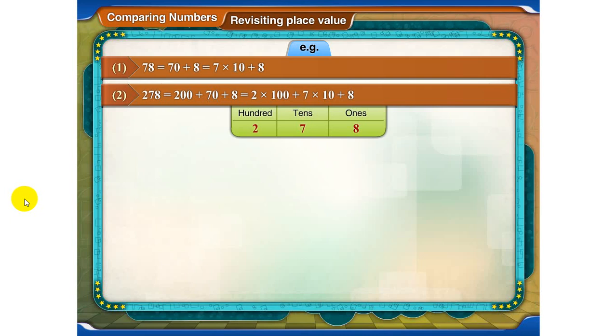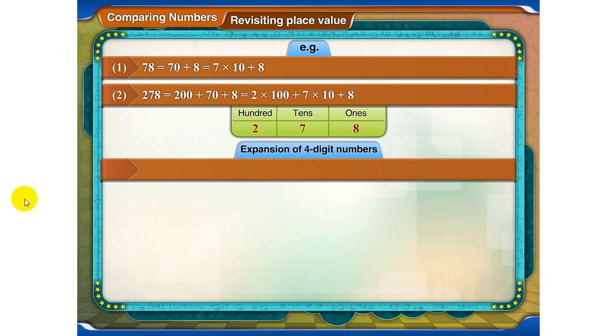Later on, we extended this idea to four-digit numbers. For example, the expansion of 5,278 is 5,000 plus 200 plus 70 plus 8.